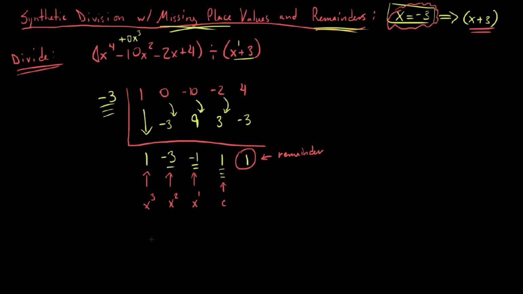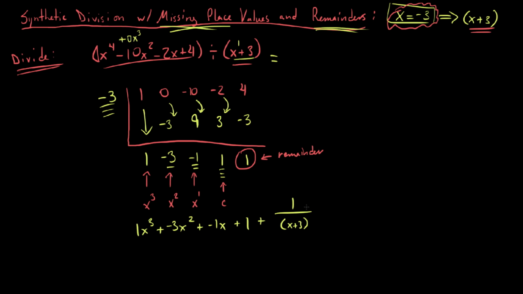So when I take this original dividend divided by x plus 3, we got 1x cubed plus -3x squared plus -1x plus 1, plus our remainder 1 over the thing we were dividing by.